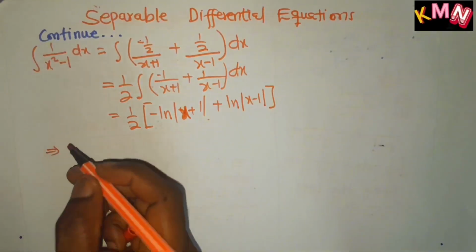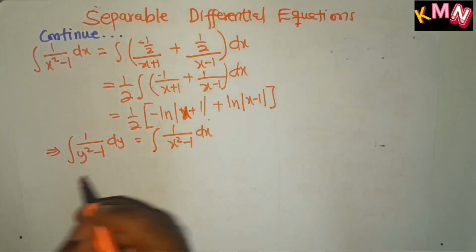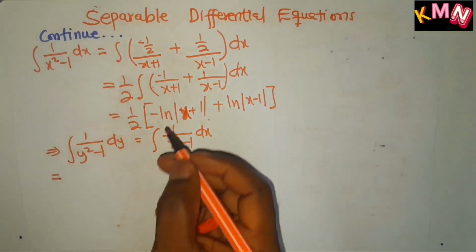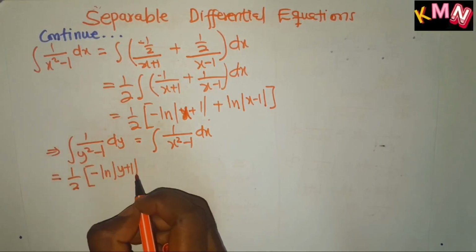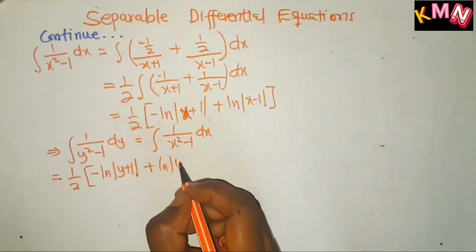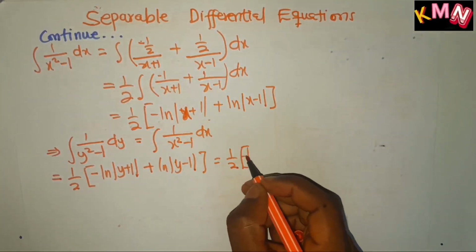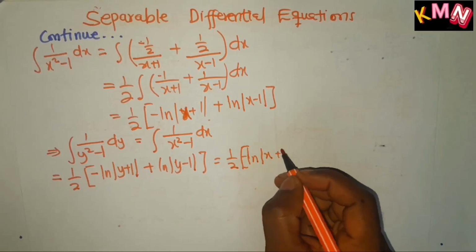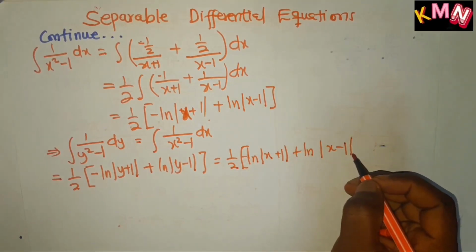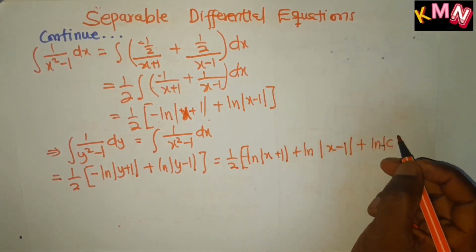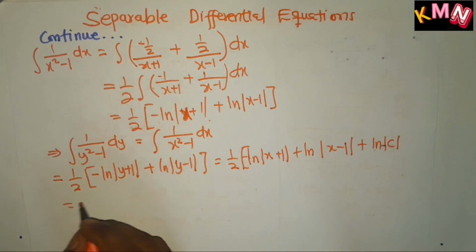This implies that it's now the same as that, so we're going to get half bracket negative ln of y plus 1 plus ln of y minus 1 equals the same thing, half negative ln of x plus 1 plus ln of x minus 1 plus ln c.